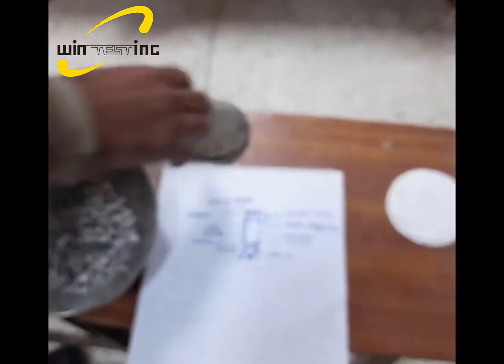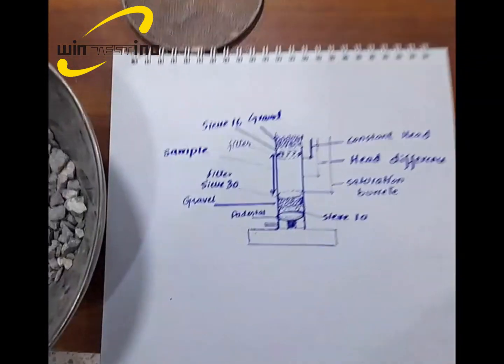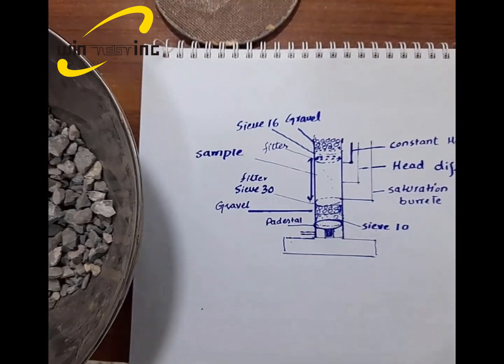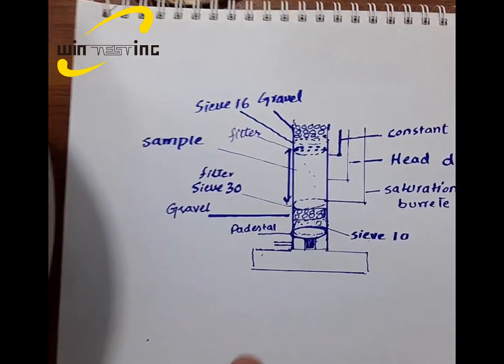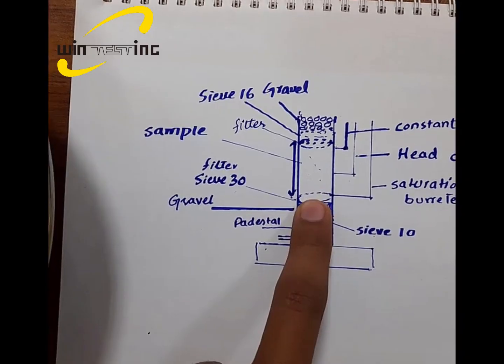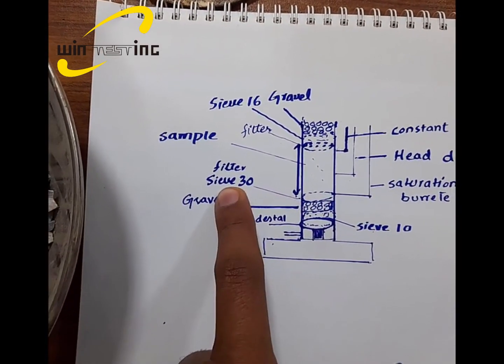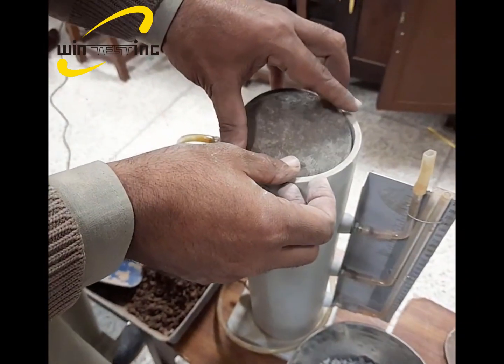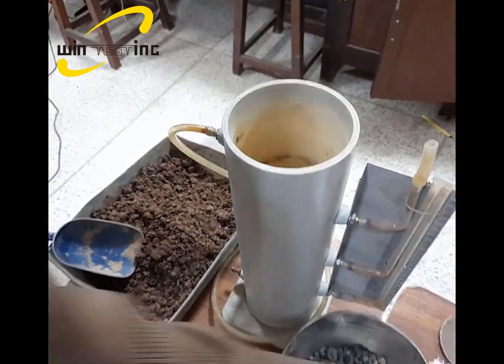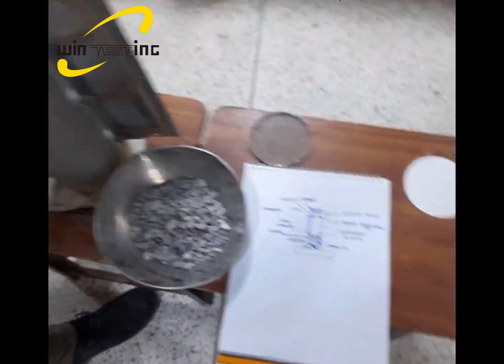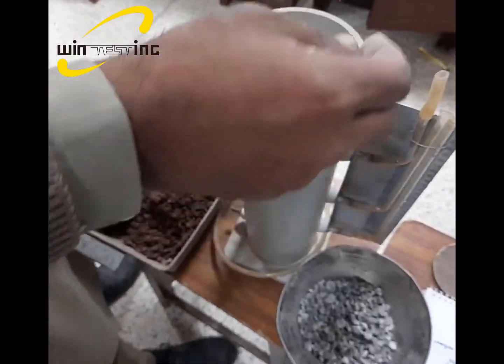Now, as I told, next we'll place sieve number 30 over this gravel and then filter paper over this sieve number 30. So this is sieve number 30 and filter paper over sieve number 30.